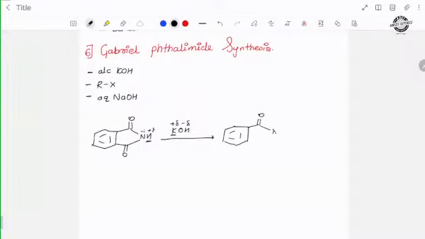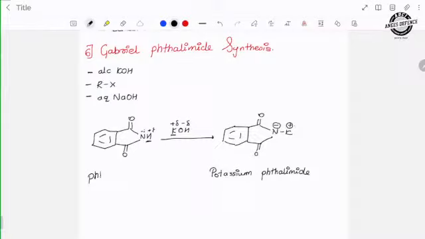N, K. So this is negative and this is positive. Now this product, this salt's name is potassium phthalimide. And this is phthalimide.